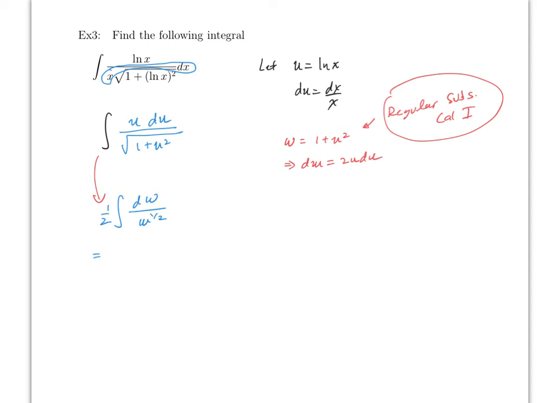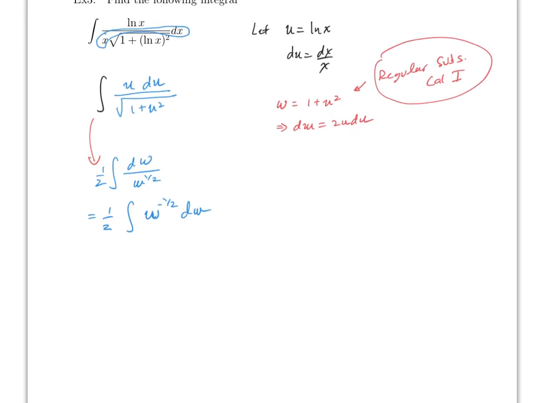So you can rewrite this as 1/2 the integral of w to the negative 1/2 dw, and then if you integrate this, you will get the following. This equals 1/2 w to the minus, remember you need to do minus 1/2 plus 1, which will give you 1/2, so it will be 1/2 times 2 over 1 plus c.